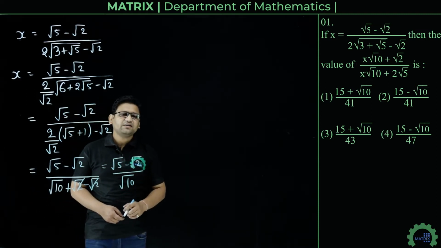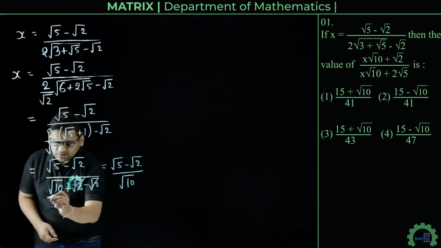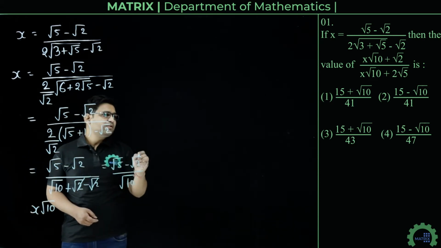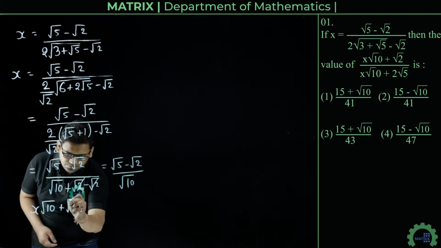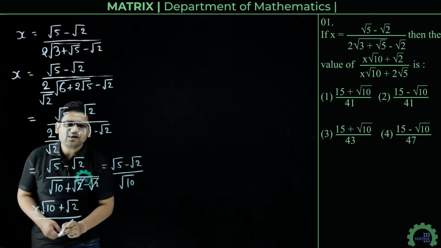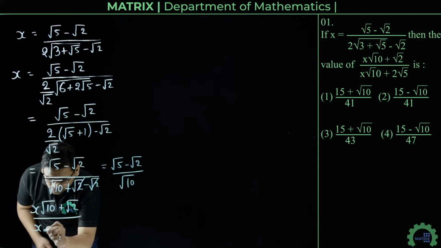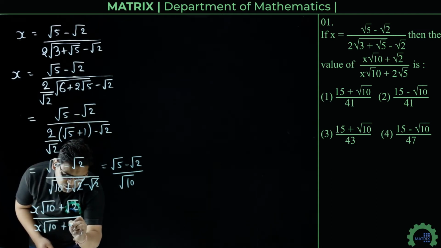Now we have to find the value of x root 10 plus root 2 divided by x root 10 plus 2 root 5.